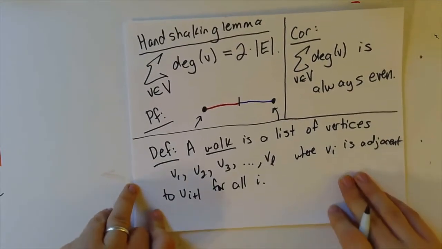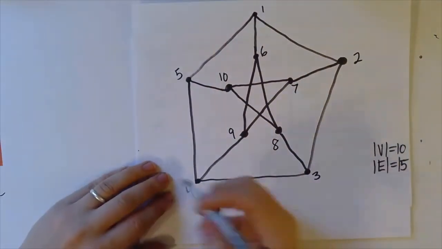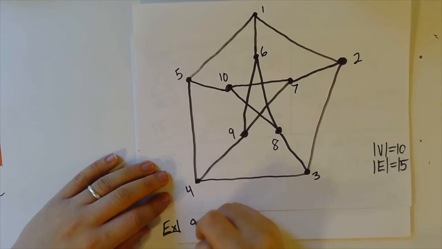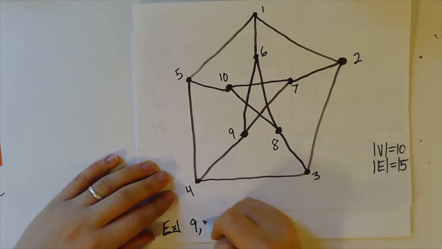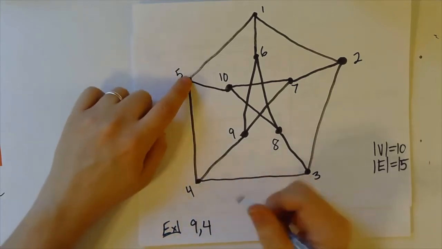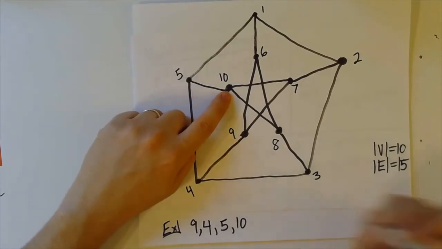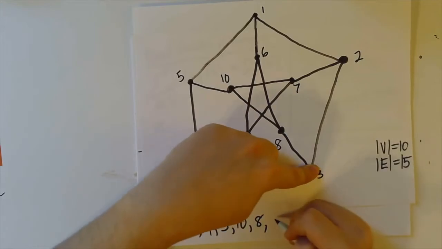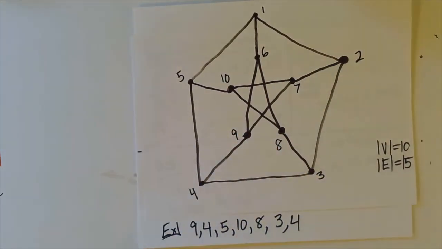So if you want to imagine an example here on the Petersen graph, I could start somewhere. Let's say I start at 9, and then I walk from 9 to somewhere following this path. So I'll go from 9 to 4, and then up to 5, and then we'll say over to 10, and then over to 8, and then over to 3, and then back to 4, and then we'll stop.